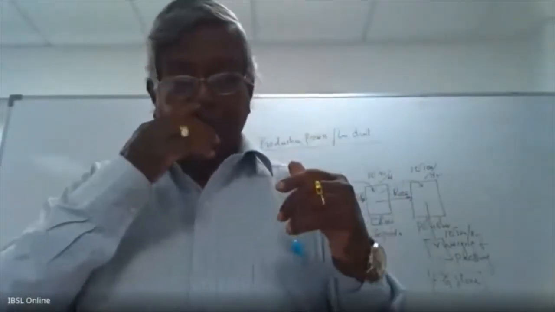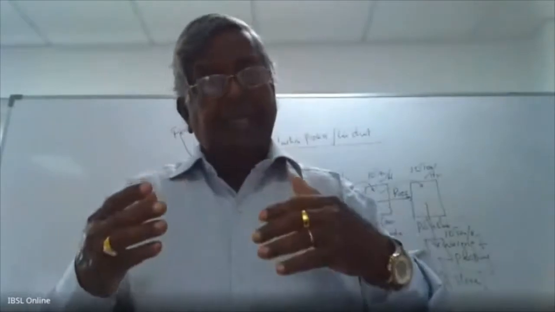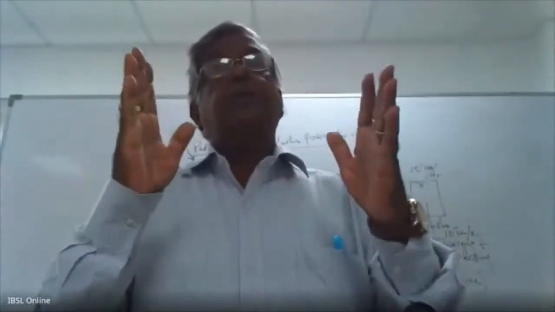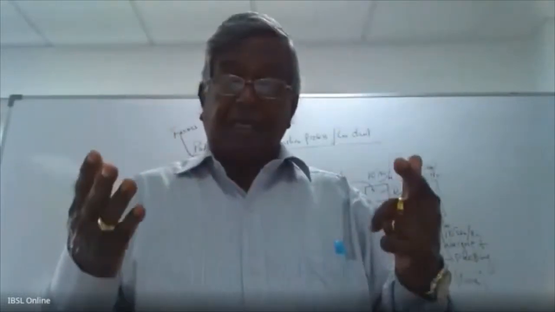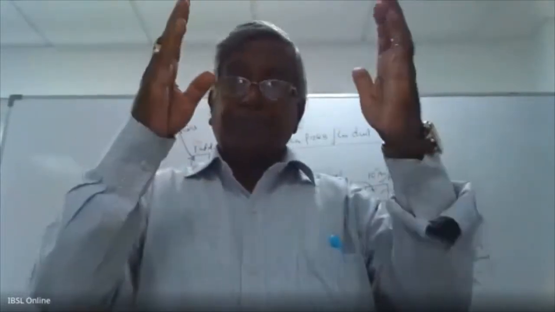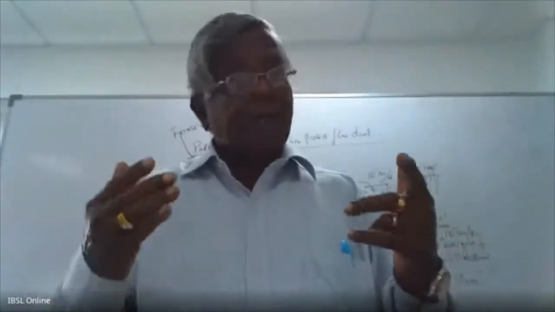Last class, I explained the basis of credit scoring, the FICO scores, how it was developed in America, which was the first company that developed it, and how they developed it.